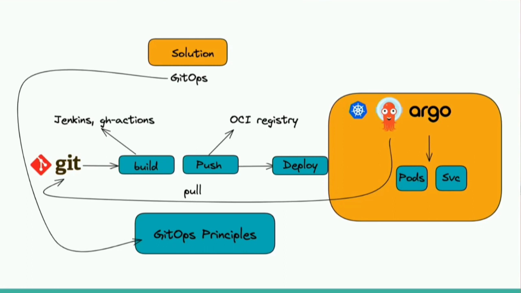I installed Argo onto my cluster, and after installing Argo, I again built my application and committed the code to Git, then built my application using tools like Jenkins and GitHub Actions, and prepared an artifact which I pushed into the OCI registry.